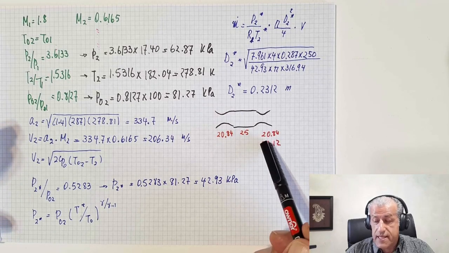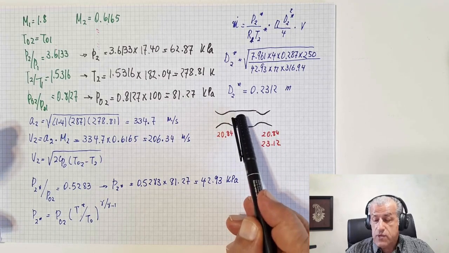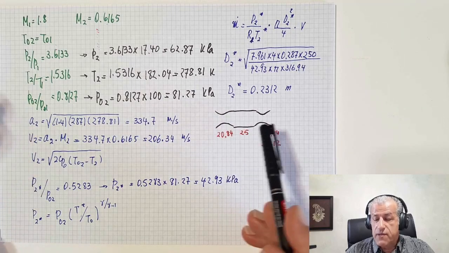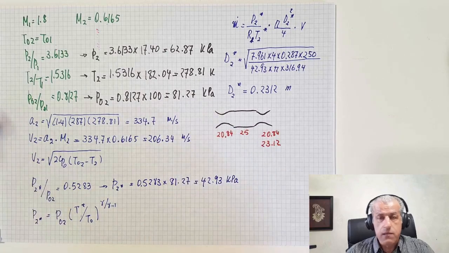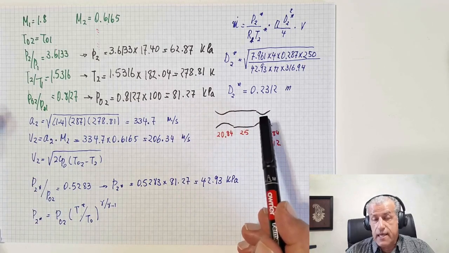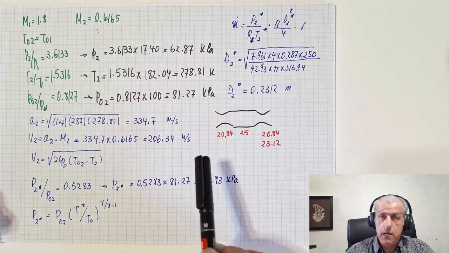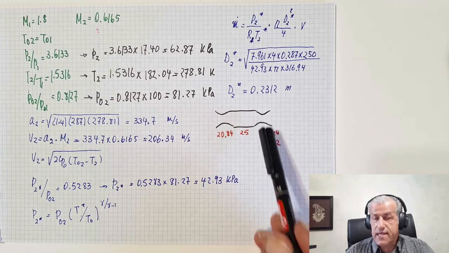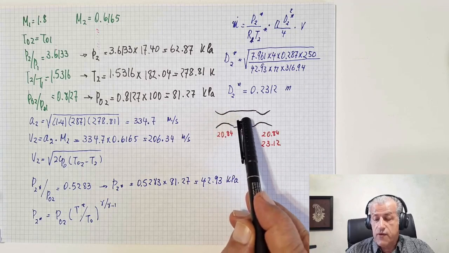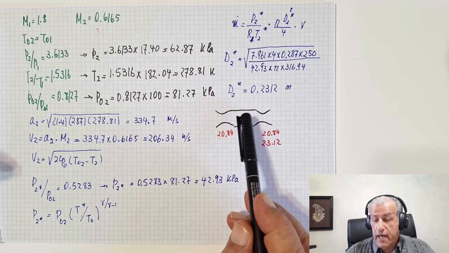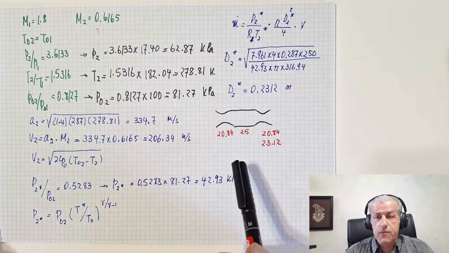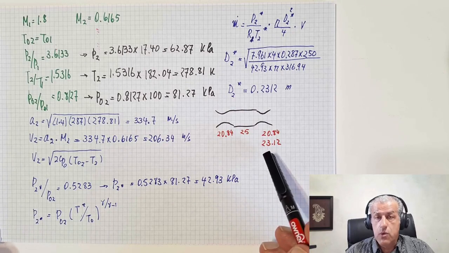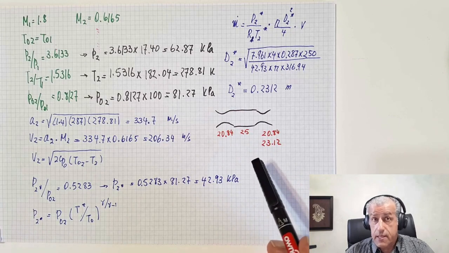If it was less than 23 centimeters, the shock would never come to the test section and would stand somewhere in the diverging part of the nozzle, and the second throat would choke, and nothing more would happen. So the minimum diameter we need at the second throat, just to let the shock wave come to the test section, and then of course be swallowed, has to be 23.12 centimeters. That's the point.